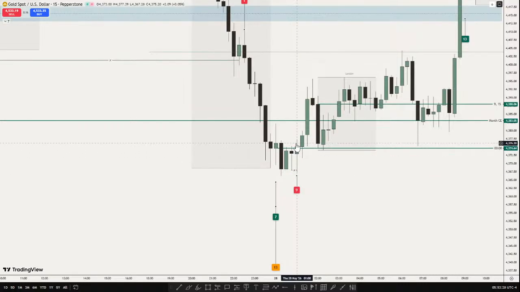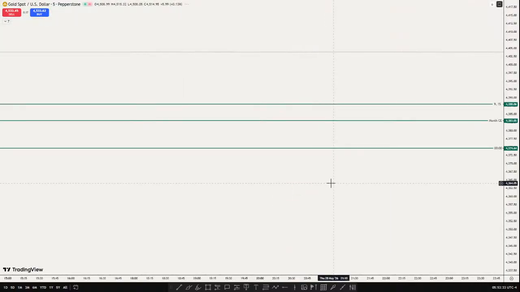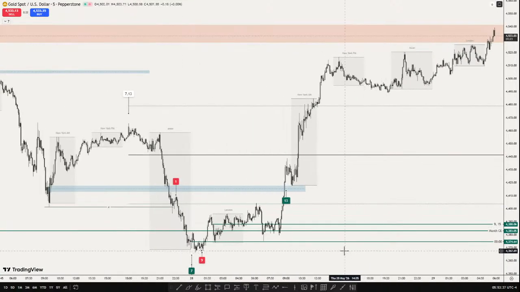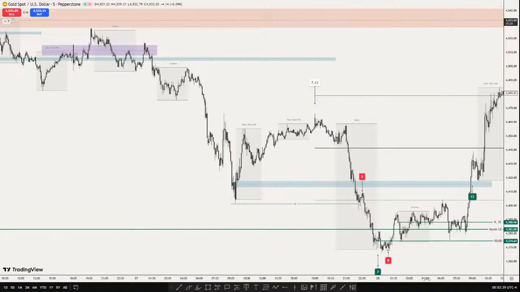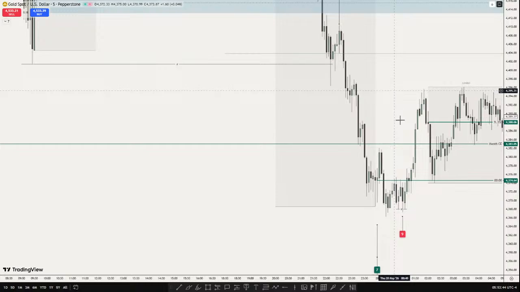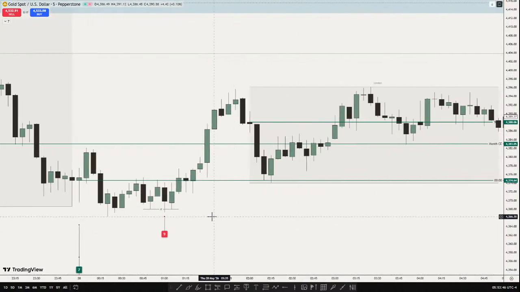So this was the point I looked at 5 minute, and you see that there is a clear continuation on 5 minute. Here.